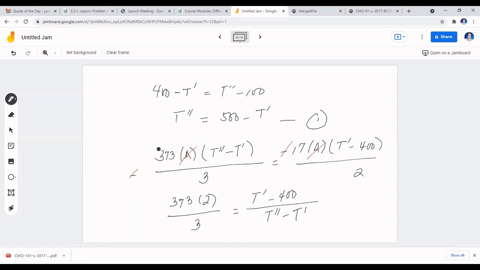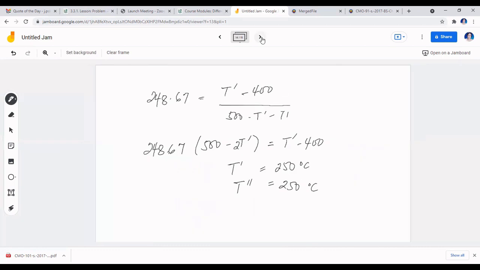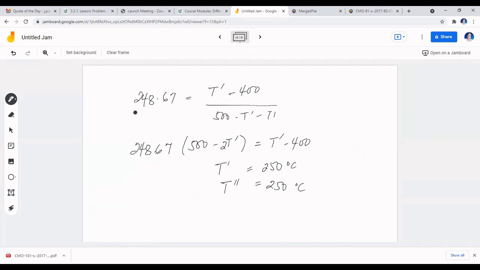And you have this after canceling the A's and the negatives. So you have this. And if we simplify, we have this one. And we can transfer, by the way, this is T double prime, or the proper term is cross multiply this expression here.